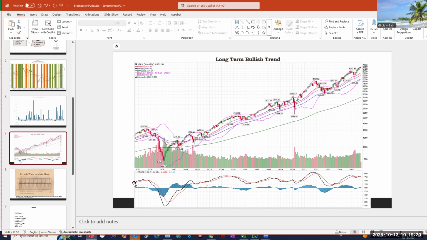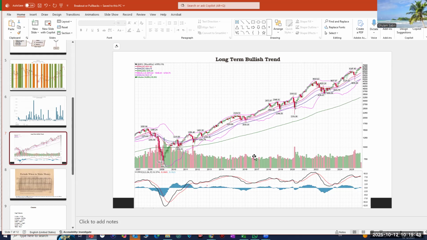One thing is that it's a monthly PPO. If it comes below zero, then we can say that we are in a solid bearish cycle or bear market. If the monthly PPO never goes below zero, it means that we are not in a bear market. Simple as that.